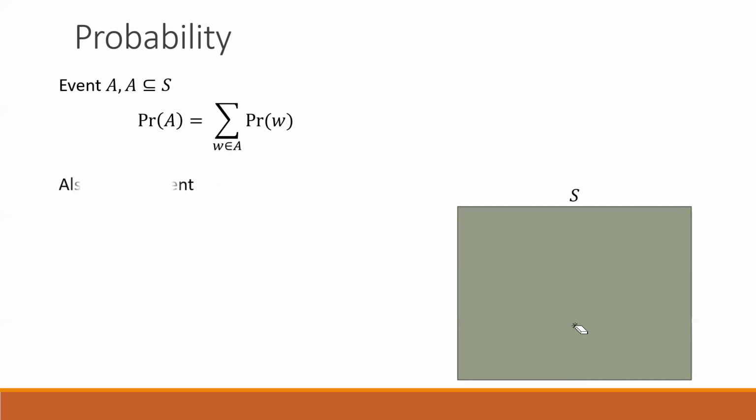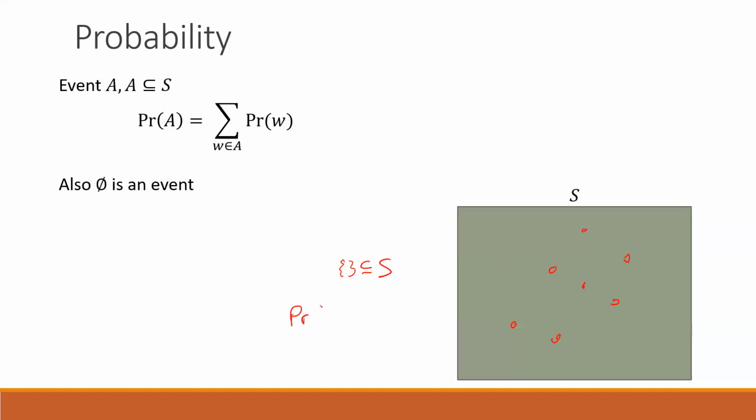Likewise, the empty set is also an event. If I have a bunch of items, and I take the empty set as a subset, this is a subset of S. So what's the probability of the empty set? What do we think?